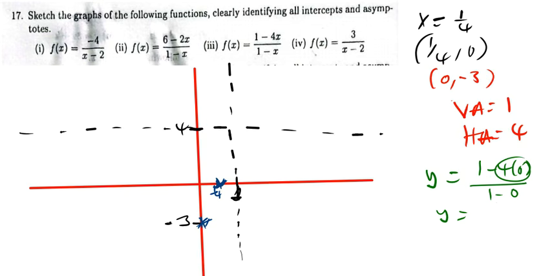So 1 divided by 1 is 1, sorry. So it's 1. We're okay now, right? So it's 0 comma 1. So 1 over 4 is here. Then 0 comma 1, I will put it there. Yeah, now it's making sense.